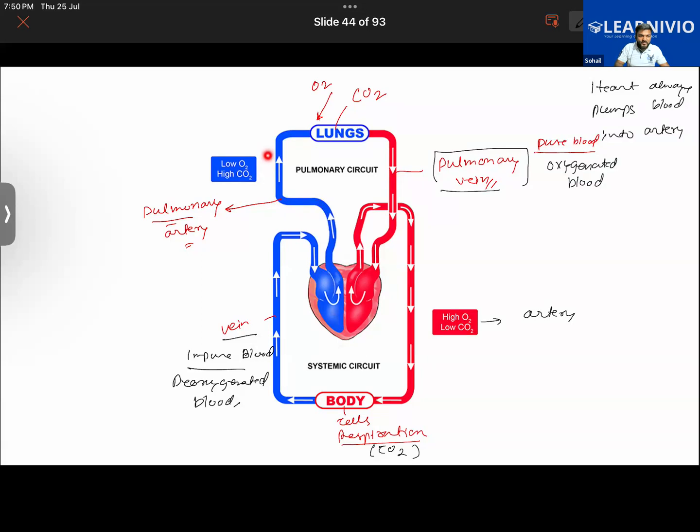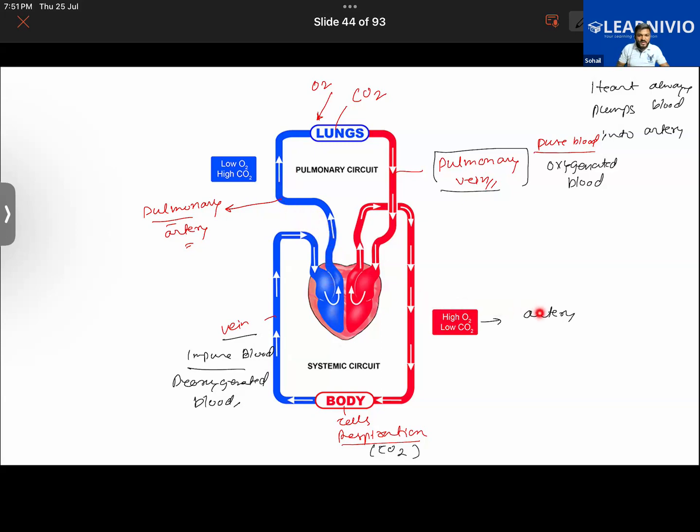Notice this blood vessel, look at the direction of the arrow. Blood is being taken away from the heart, right? And then look at this one also. This blood vessel is also taking blood away from the heart, meant to be sent to the body. And in this one, the blood is being taken away from the heart towards the lung.